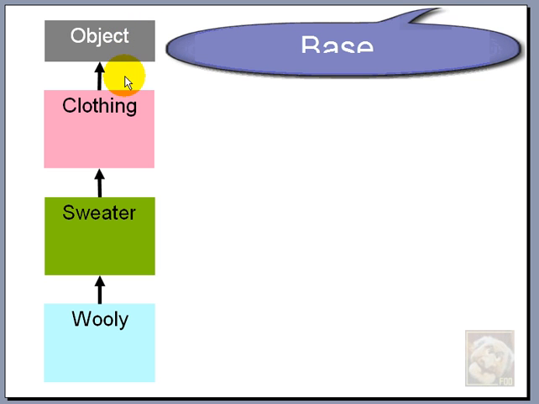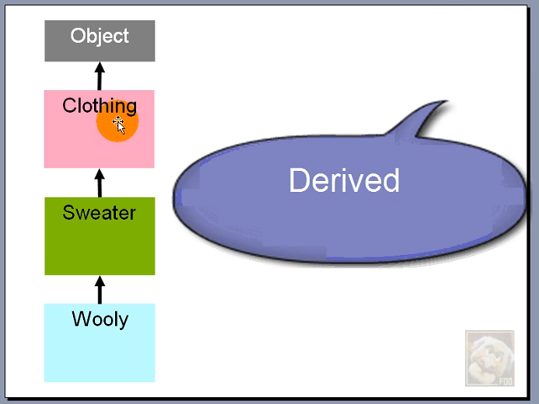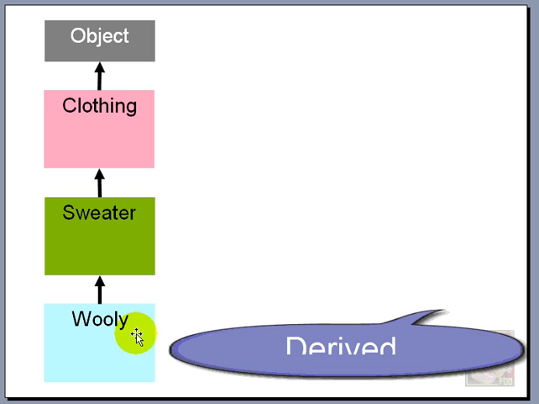The base class will always lead to derived classes. Intermediate classes can be derived and also base. So clothing will be base to sweater. Sweater will be derived to clothing, but will be base to woolly. When we reach the lower part of the list, that is the most specific class we can think of, we say this is the derived class of everything else, and woolly will never be a base class of any other one.